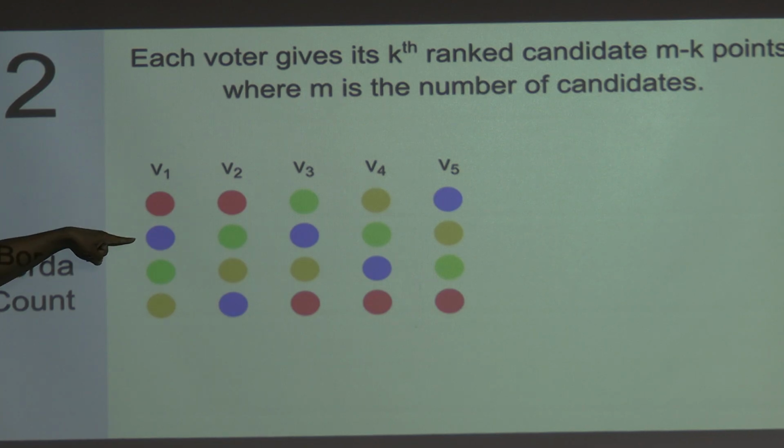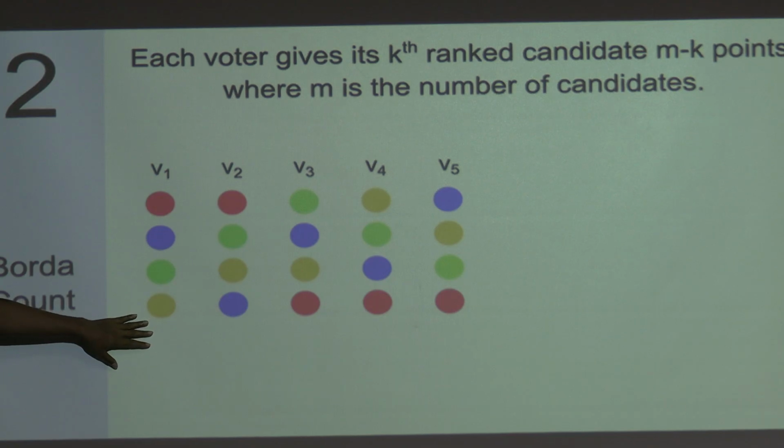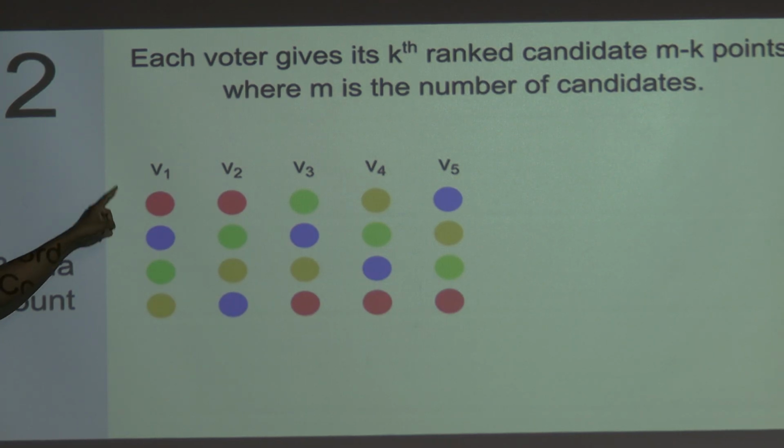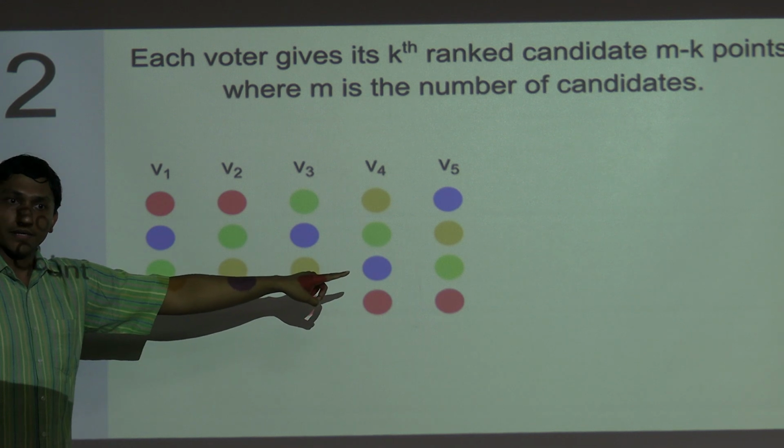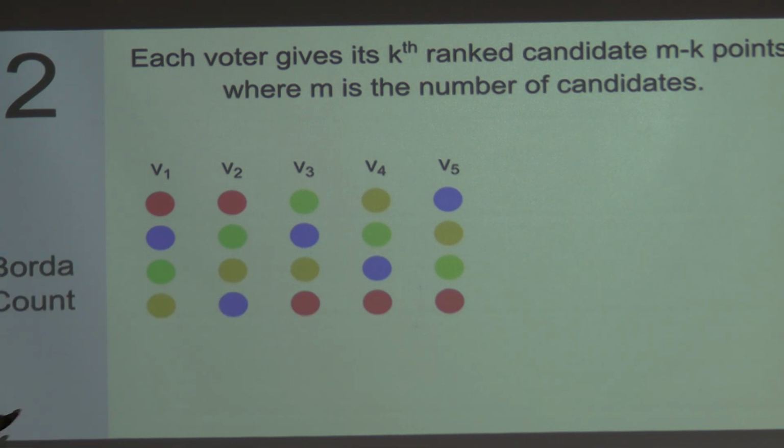Second guy gets m minus 2 points, m minus 3, and so on, and the last guy gets 0 points. Okay, it has this linear kind of a scoring system. Okay, and for any candidate, you add up the points it gets from each voter, and the one with the highest score wins. Okay, again subject to some tiebreaking.